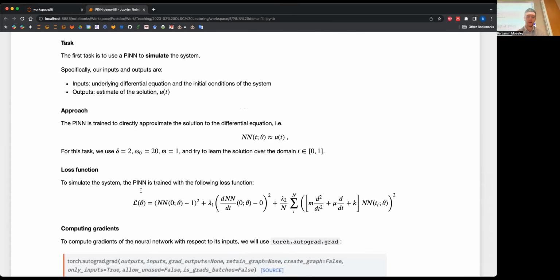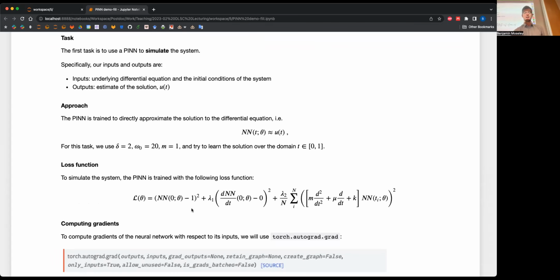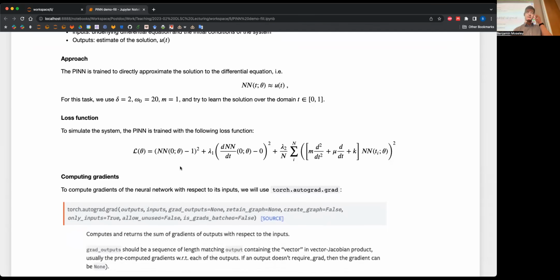Okay. So how are we going to train the PINN? Again, the neural network is just a functional approximation to the solution. We're going to choose a couple of parameters and fix them, for example delta and omega 0, which depend on the coefficient of friction and the spring constant. Then for the loss function, we're going to have our boundary loss, and we're going to assert two things.